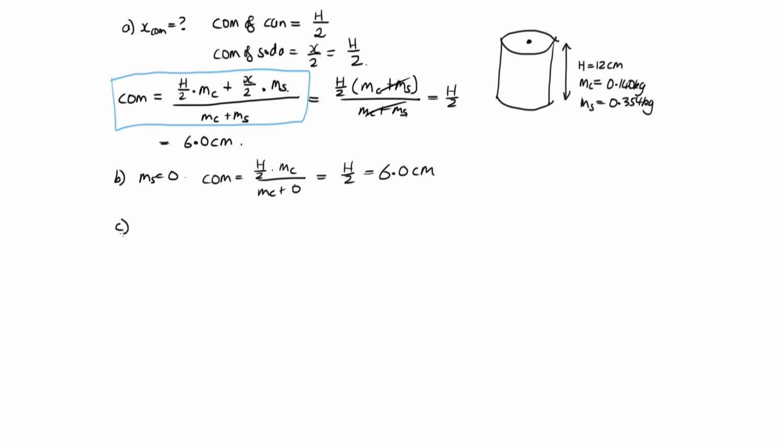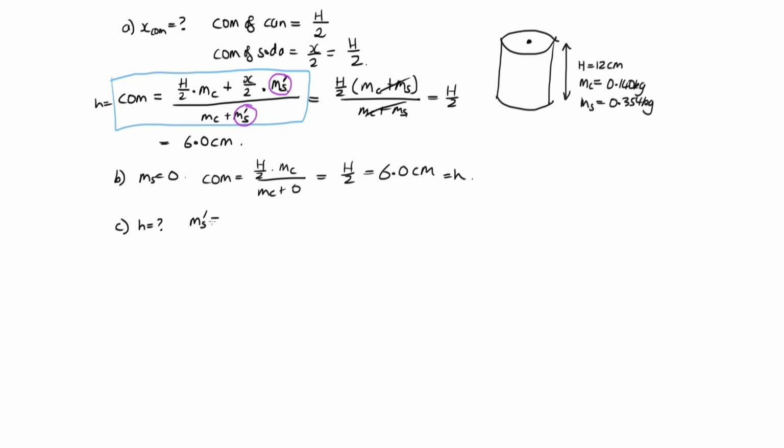Okay, now in part C, we're asked what happens to the center of mass, which is h, as the soda drains out. So let's refer to this variable mass of soda as ms dash. So ms is the initial total mass of soda, and ms dash is the amount of soda that's actually in the can.